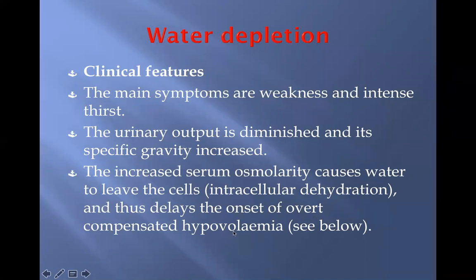That is to say, here, if you measure blood pressure and pulse rate, all these will be normal. Why? Because the body compensates the loss of water in the extracellular, intravascular compartment by the movement of water from the intracellular compartment to the extracellular compartment, leaving the cells with intracellular dehydration.